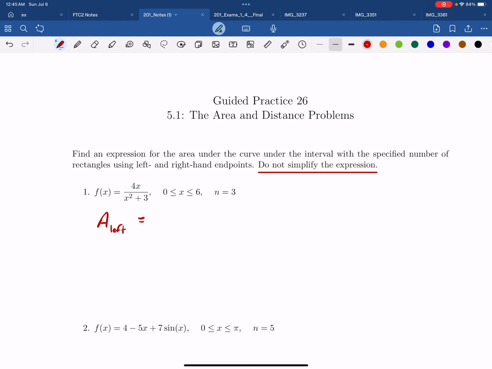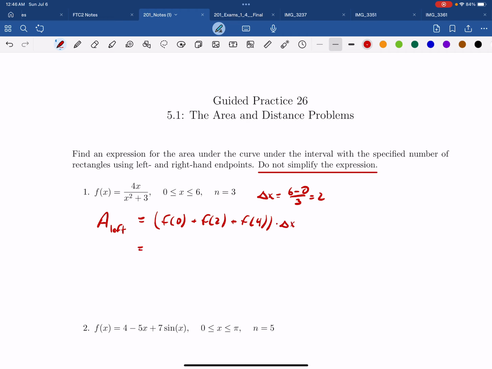Anyway, this is going to be, let's see, delta x equals 6 minus 0 over 3, which is 2. So we're going to have f of 0 plus f of 2 plus f of 4 times delta x.